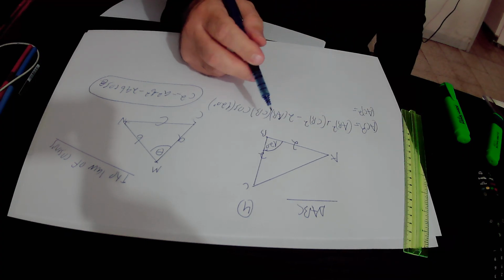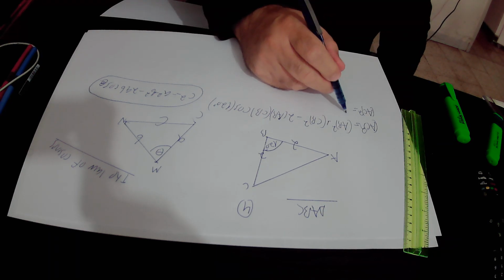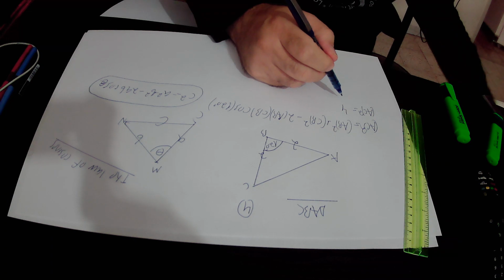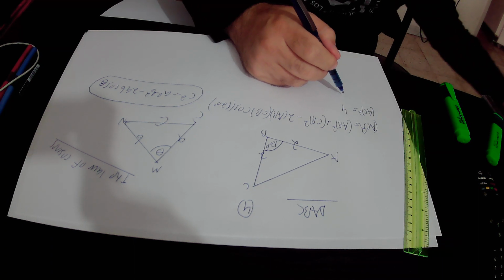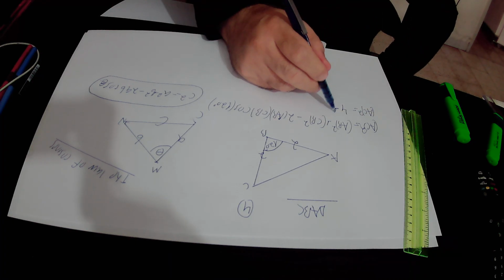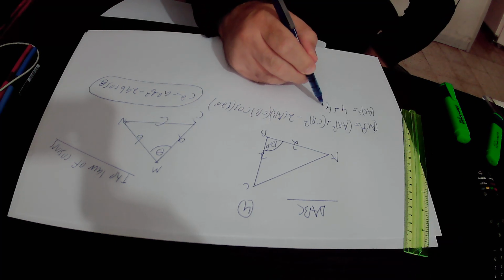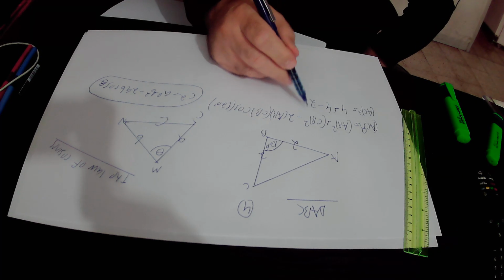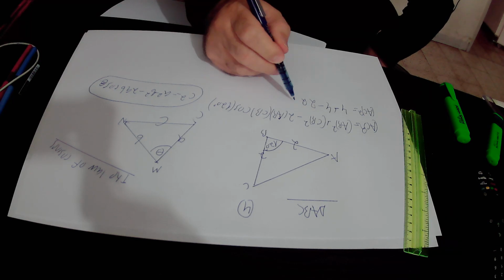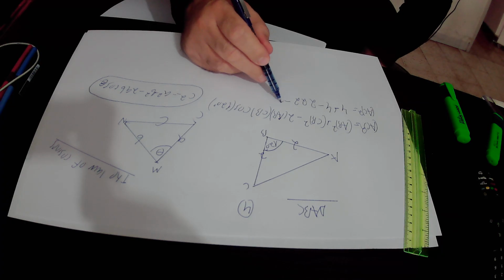equals AB squared. AB is 2, therefore AB squared is 2 squared, that is 4, plus CB squared, CB is 2, therefore CB squared is 2 squared, that is 4, minus 2 times AB, which is 2, times CB, which is also 2, times cosine 120 degrees, the value of which is minus 1/2.